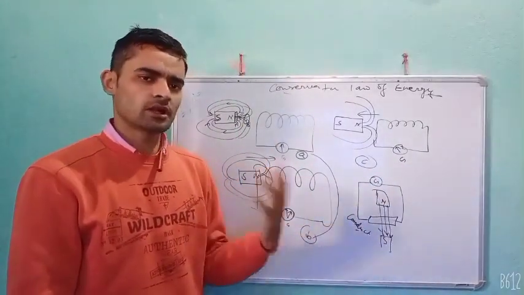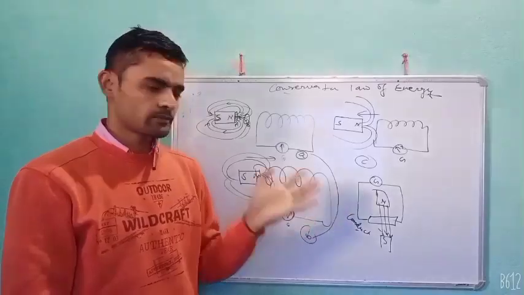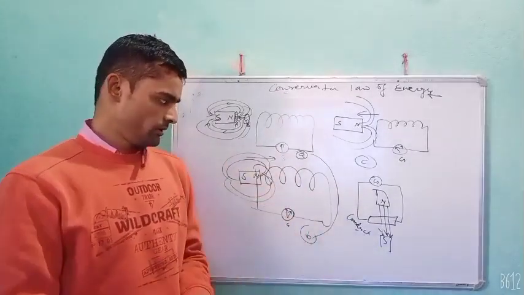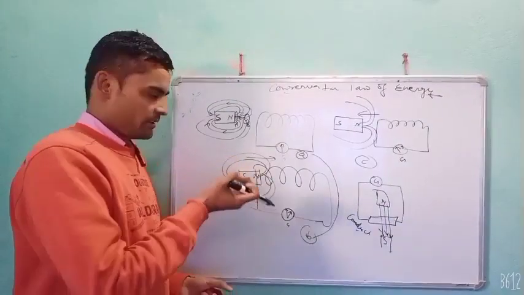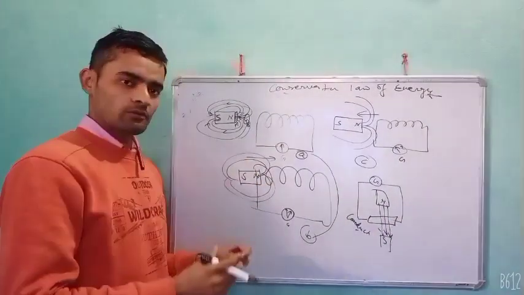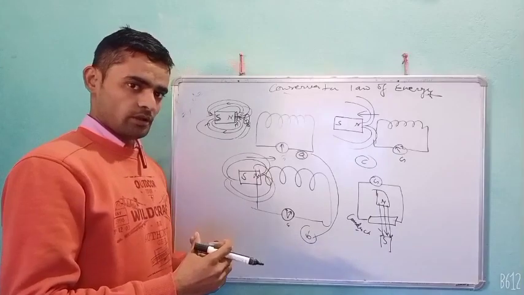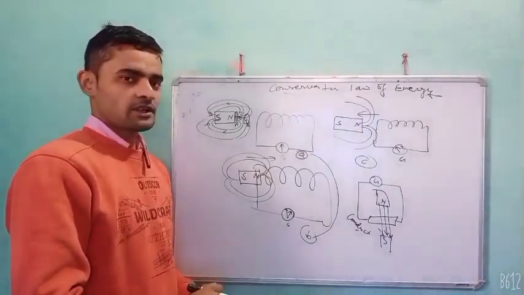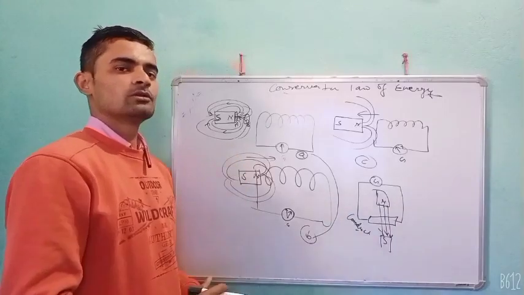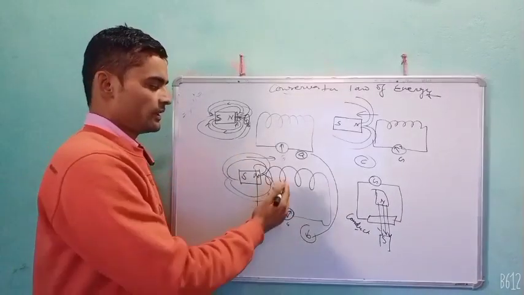We will talk about the direction of the current later. Now we are just focusing on the main part. The physical thing is that you are constantly trying to change the magnetic field in the coil.